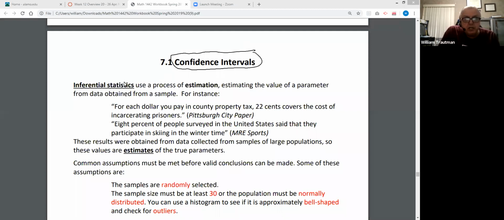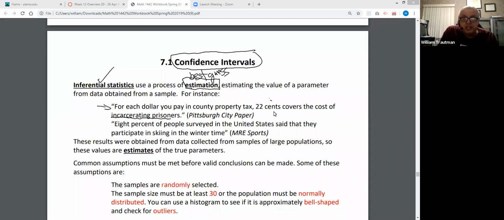And so once again, inferential statistics is an estimation. It's your best guess. And a lot of times it's a guess. Let's just read this example. For each dollar you pay in county property tax, 22 cents goes to incarcerating prisoners.